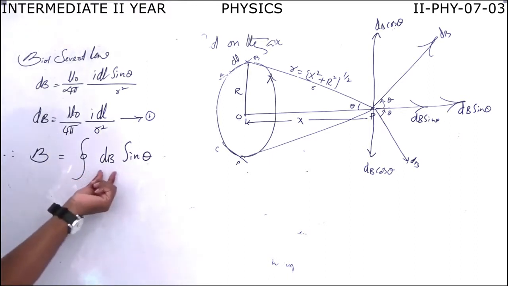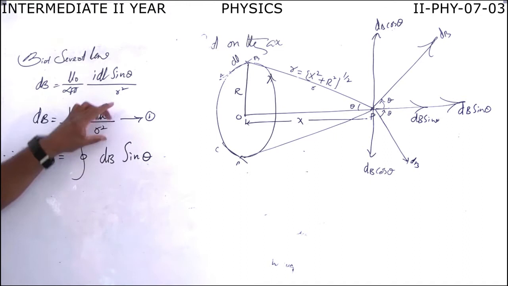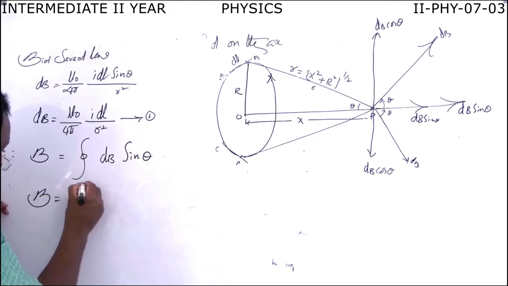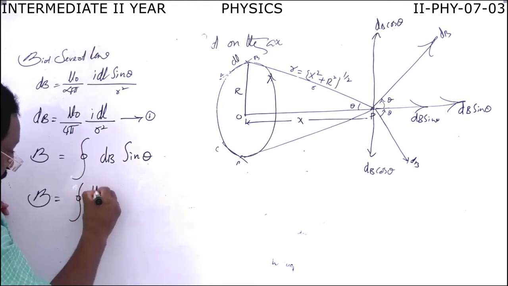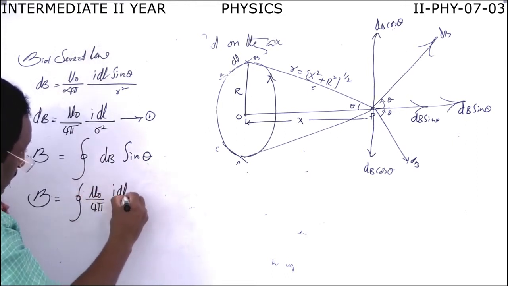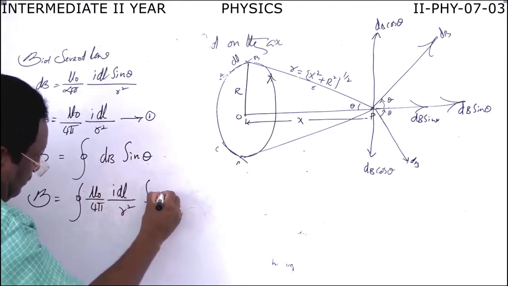Here, what is dB? This is the dB value. Now we substitute the dB value in this equation. B is equal to the line integral of mu naught by 4 pi I dl by r square.